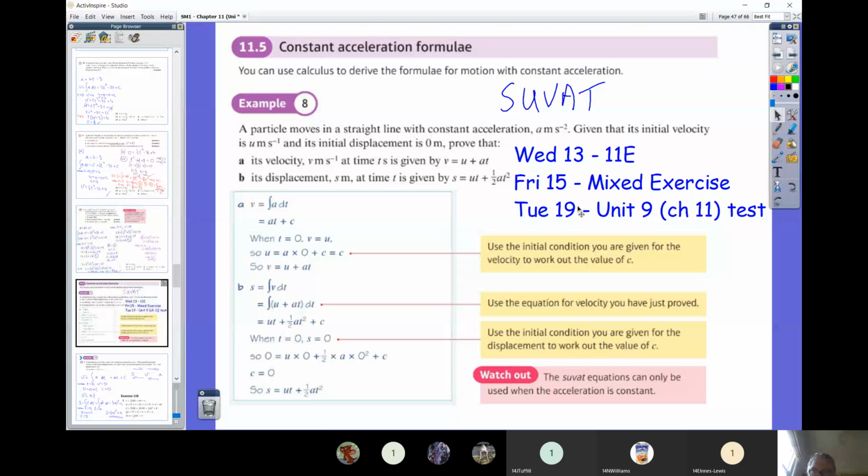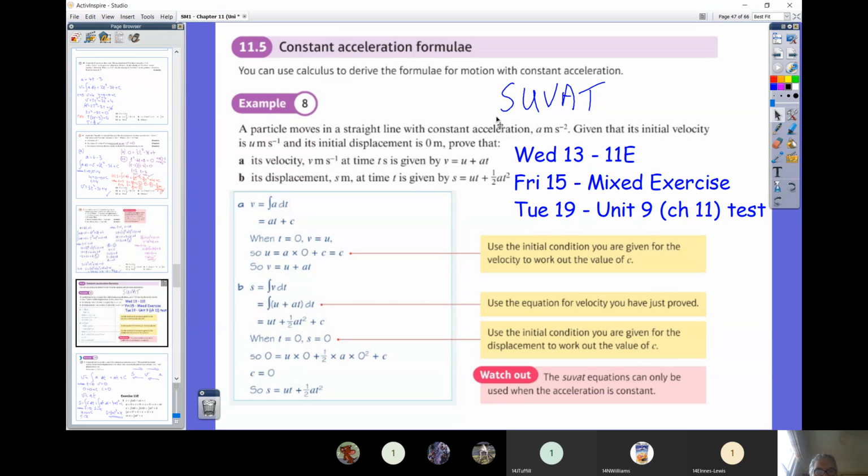So the second this lesson sequence of 3 is out the way, I'll move over and start doing pure as well, and just pick another unit. So that's the plan. Okay, so today 11E, Friday bits and pieces of the mixed exercise, and Tuesday everyone bar Alex to do the unit test, please.